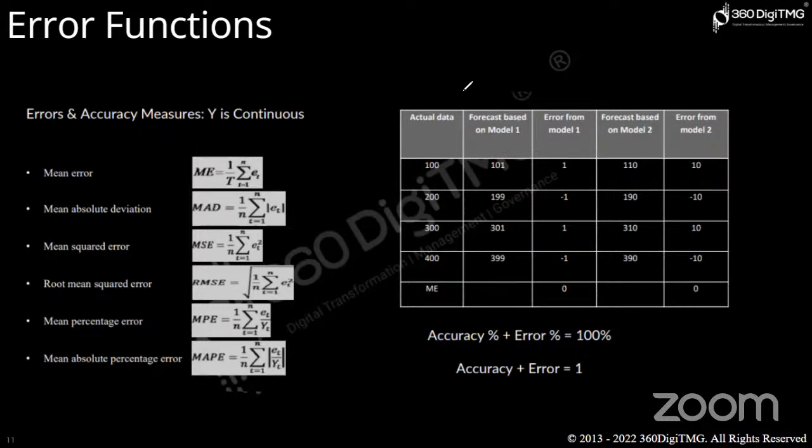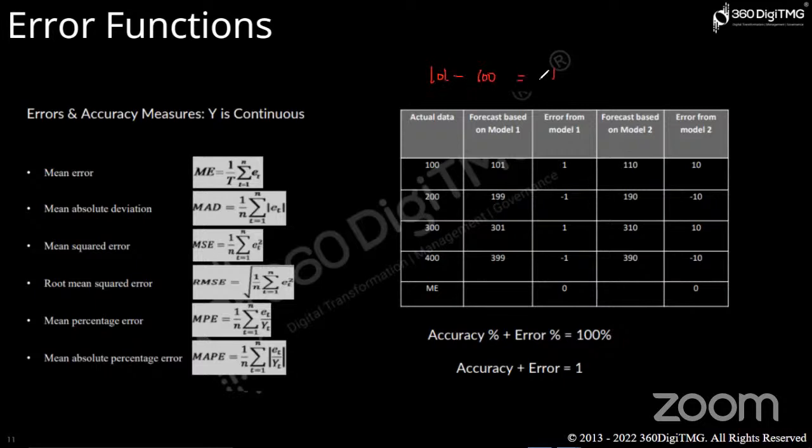Now, how can I find this error value? 101 minus 100. So I am going to get one value here. In the same way, 199 versus 200, what am I going to get? I'm going to get minus 1 here. So by seeing these values, now what we have to do is this summation.